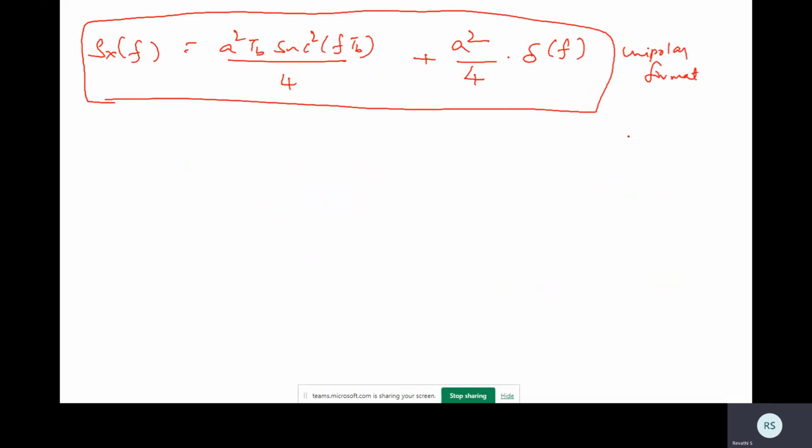Now let us try to compare. Let us write all the power spectra and have a basic understanding of how the power spectra look.